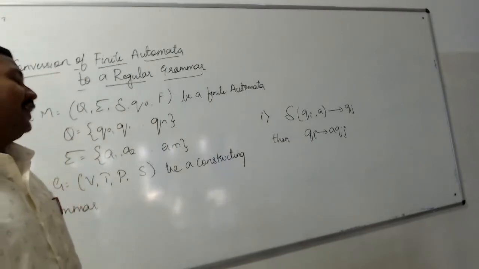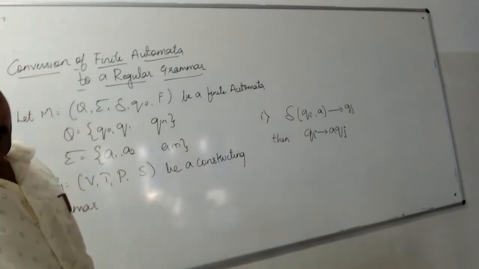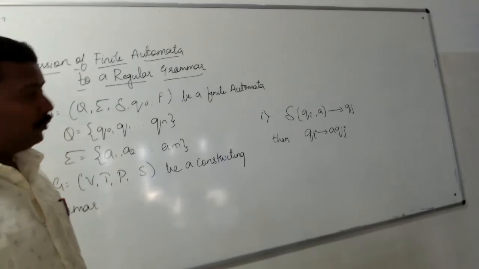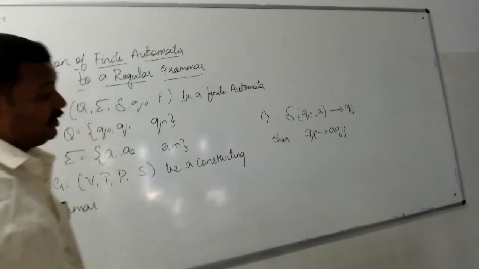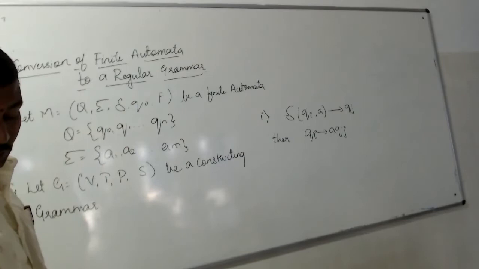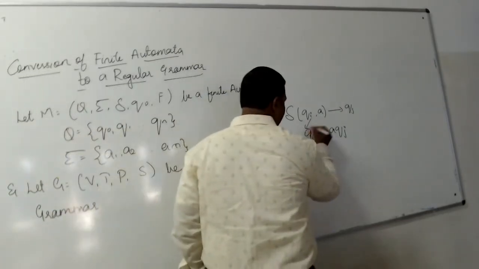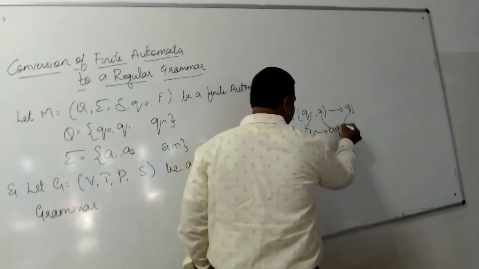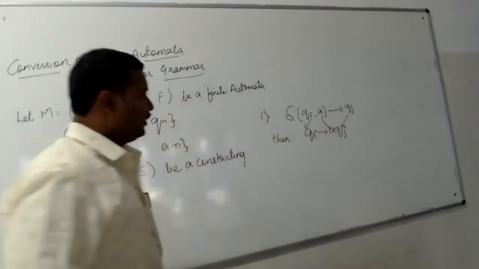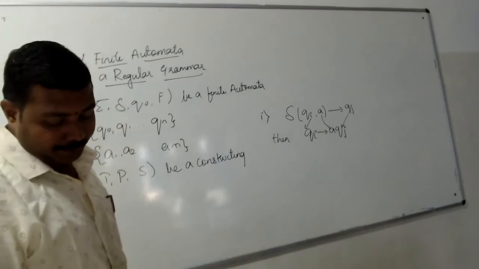So if there is a transition from Qi upon A to Qj, then we need to introduce a production called Qi tends to A Qj, right? See this, Qi, A, Qj. Clear? Here is one production.